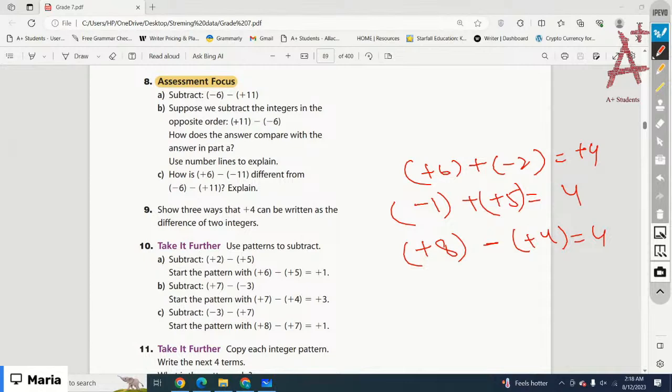Okay, let's start with question number 10. Try it, take it further. Use a pattern to subtract positive 2 minus positive 5.